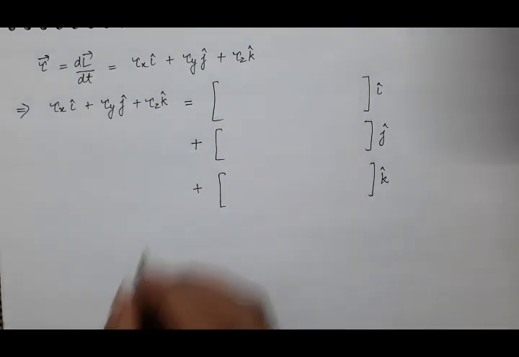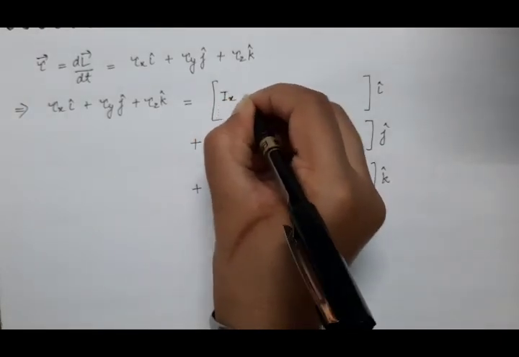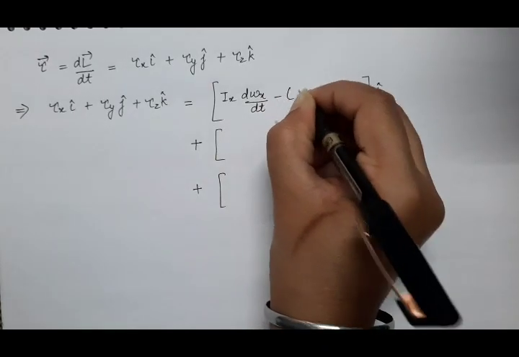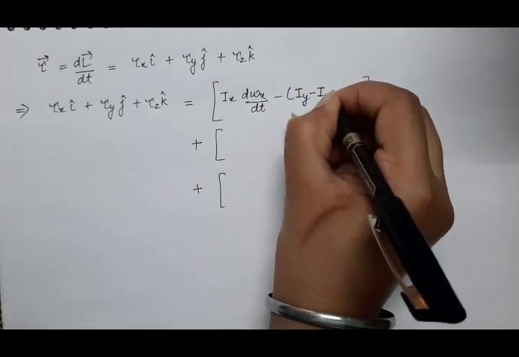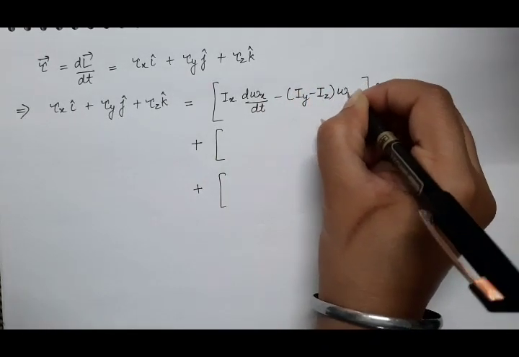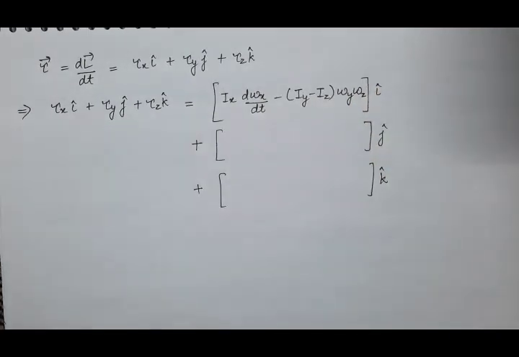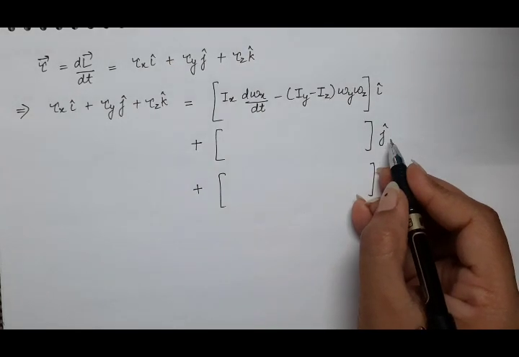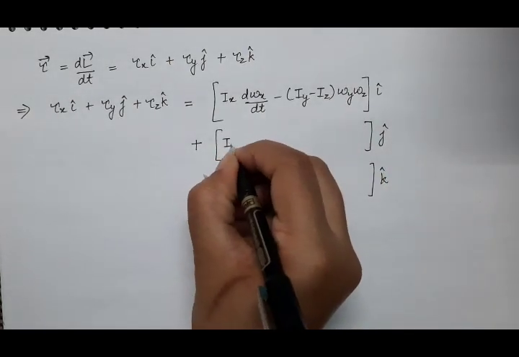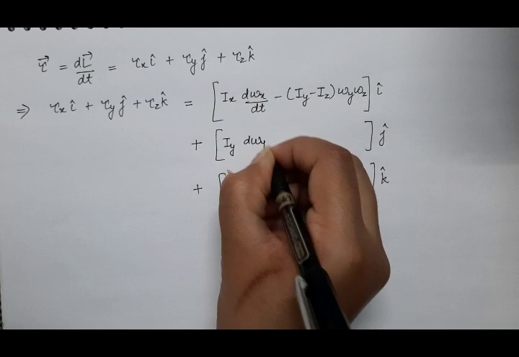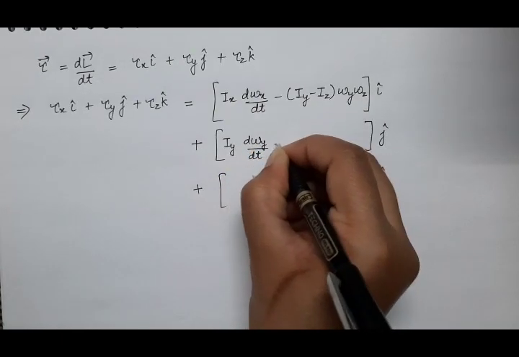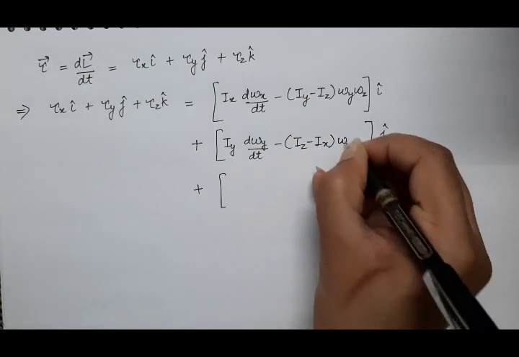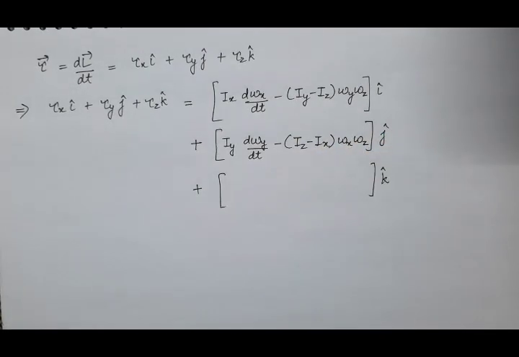And what is the coefficient of i cap? It is Ix d omega x by dt minus (Iy minus Iz) omega y omega z. And the coefficient of j cap, we have taken j cap common from the other two terms, so it will be Iy d omega y by dt minus (Iz minus Ix) omega x omega z.